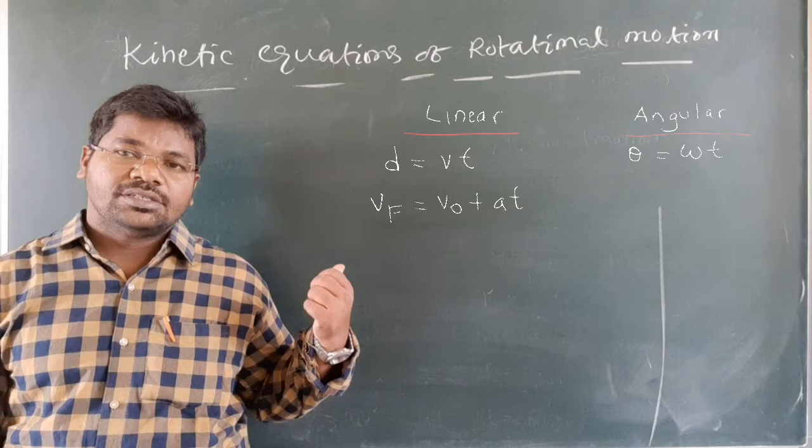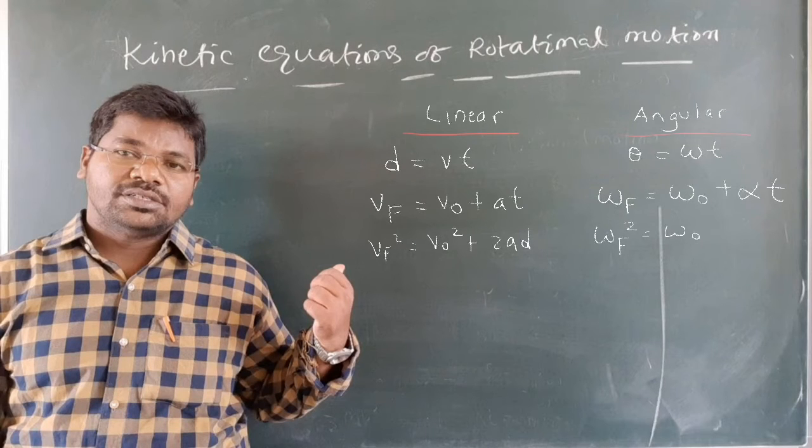Final velocity is equal to initial velocity plus acceleration into time. Here final angular velocity is equal to initial angular velocity plus alpha into t. Alpha is called angular acceleration. Square of the final velocity is equal to square of the initial velocity plus 2ad.